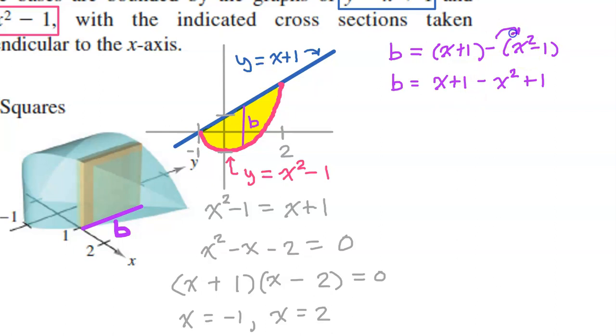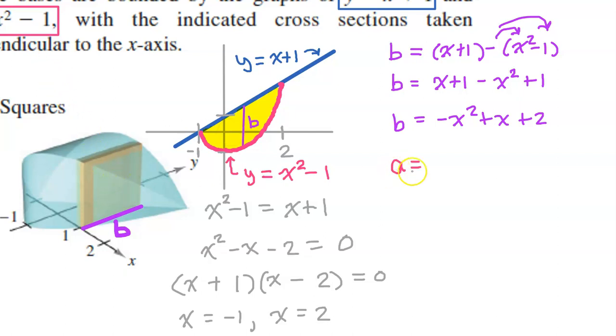Distributing the negative sign gives us this. Now let's just rewrite this in the proper order. So we will have negative x squared plus x, and then 1 plus 1 is 2. So this is an expression for the length of the base of a slice.